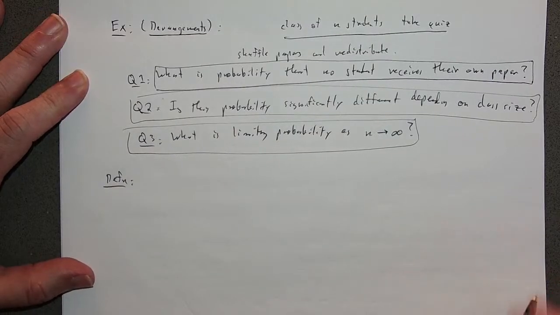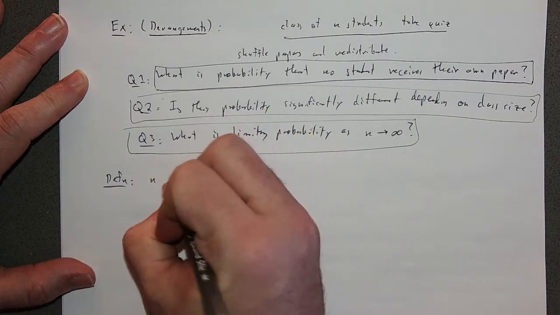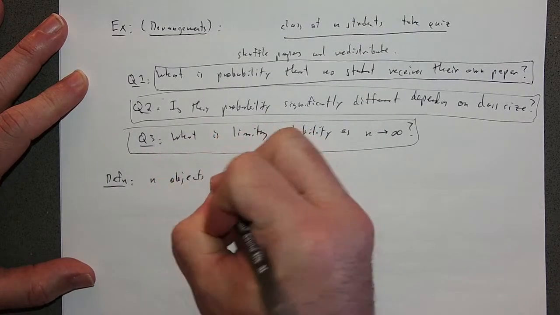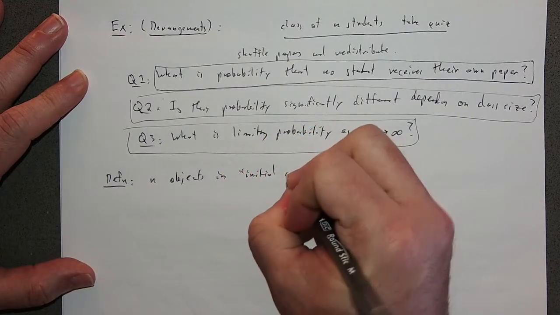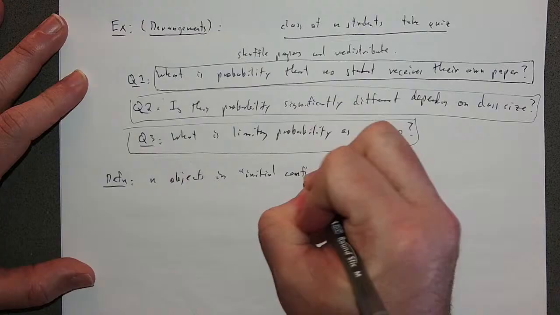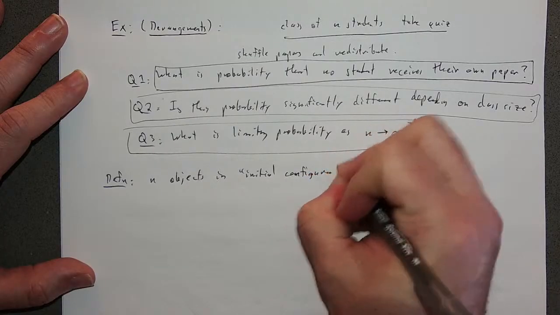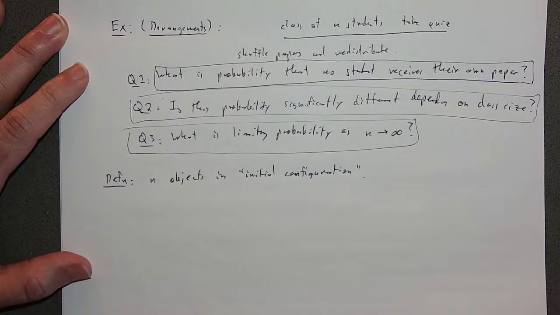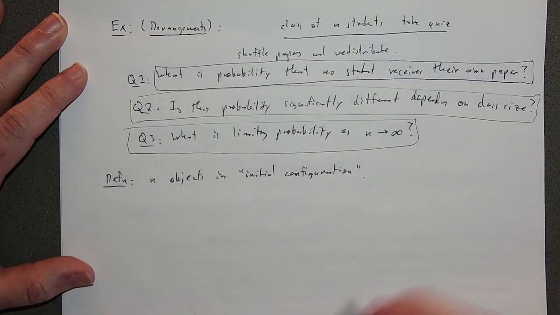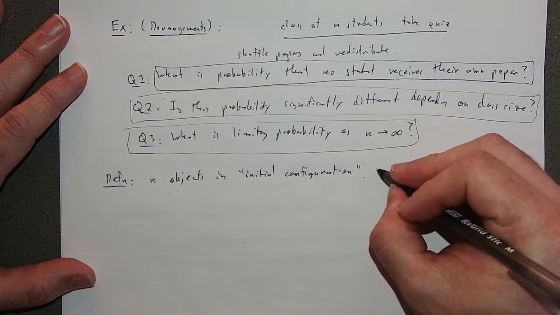which is we have n objects in what we'll call initial configuration, because oftentimes this is more what you're worried about.